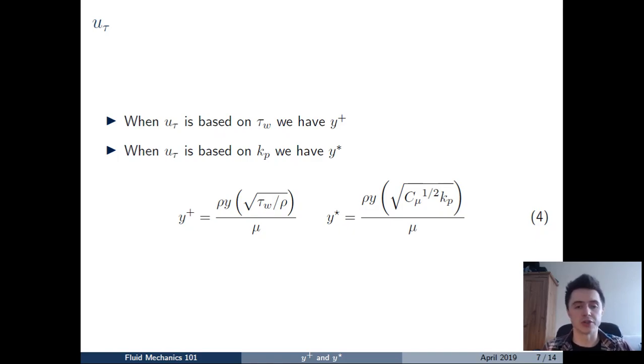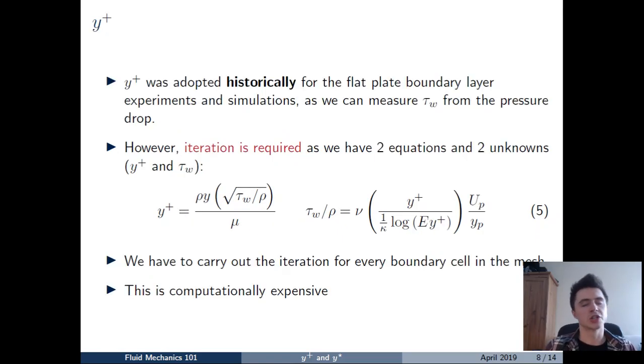So the CFD codes use a plus and a star to denote that these two dimensionless wall distances are slightly different, even though they both play the same role in measuring a dimensionless distance normal to the wall for our cells. As it turns out, the two metrics, when evaluated, are quite similar for the majority of flows. You can always confirm this in your CFD code by post-processing yPlus and y star and confirming that they're in fact very similar. So we're going to start by looking at the yPlus treatment.